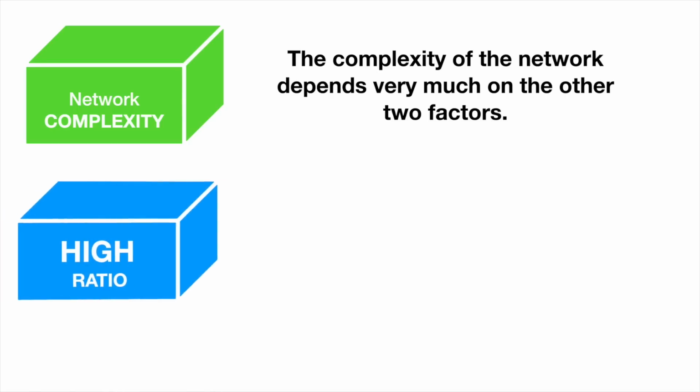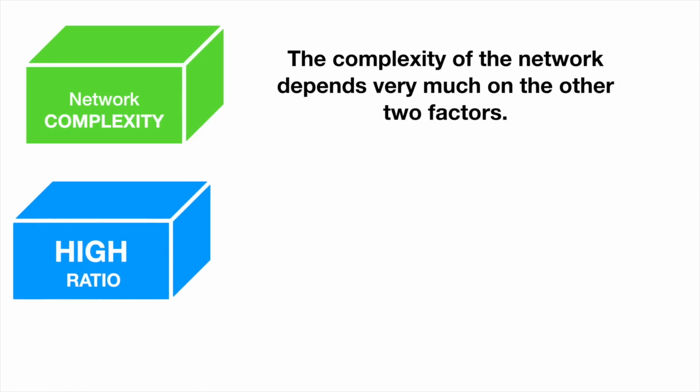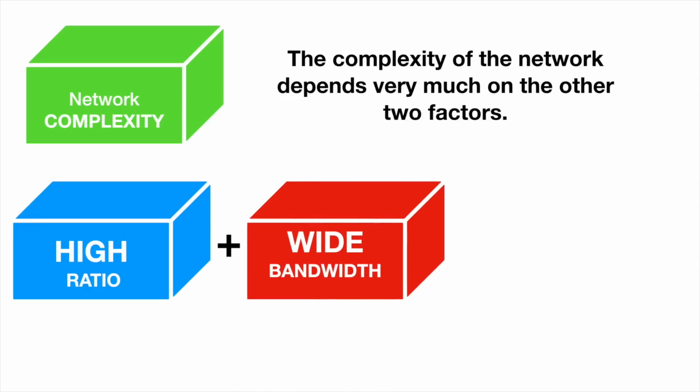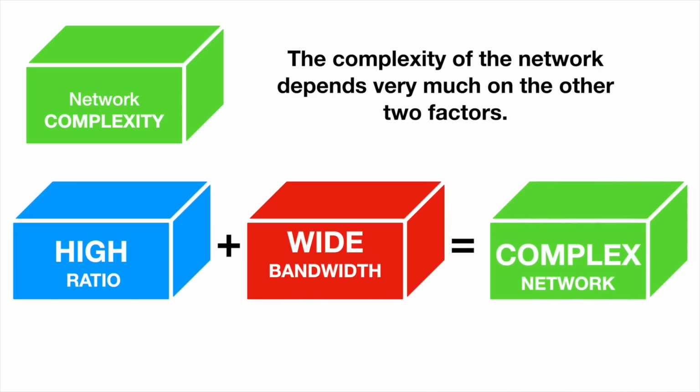Because if you want to have a high matching ratio, like I spoke of, like going from 50 down to 2, and if you also want a wide bandwidth, then you're going to end up with one complex network. And the truth is that even if you make this network as complex as it can be, you do reach a point where additional complexity doesn't result in any substantial gain.